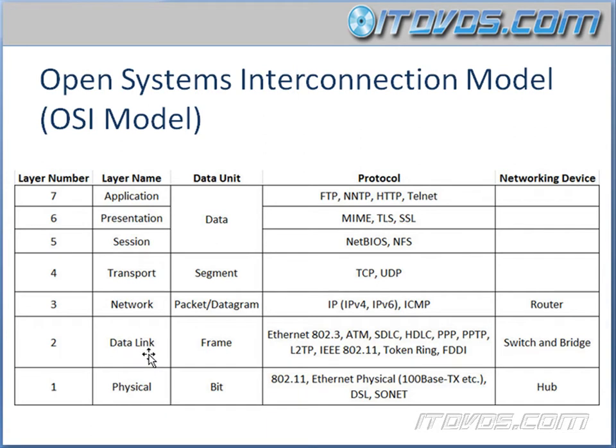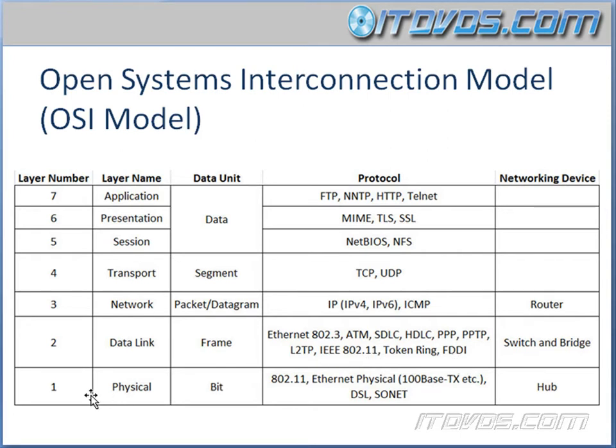Layer 2 uses the physical MAC address that is actually burned onto the network card. And some of the protocols that function at layer 2 are going to be Ethernet, 802.3, ATM, SDLC, HDLC, PPP, PPTP, L2TP, IEEE 802.11, Token Ring, and FDDI.